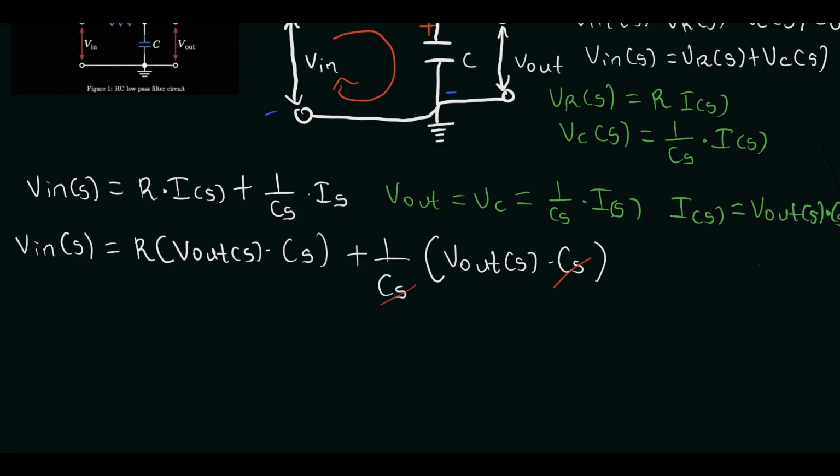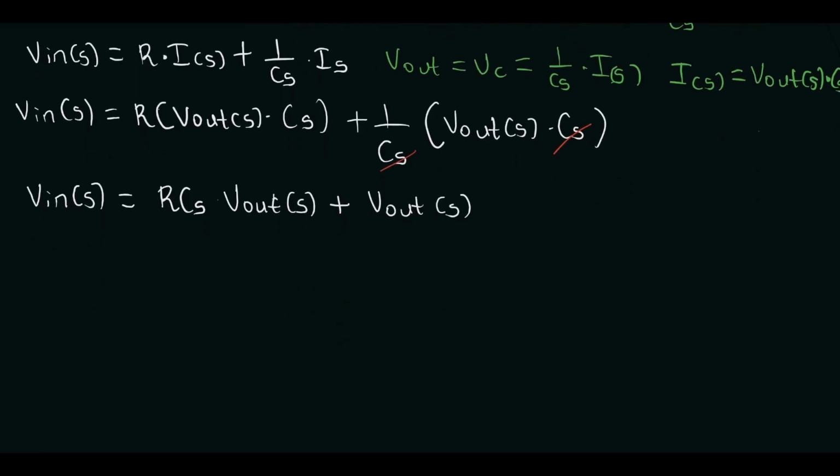So you now have V in of S equal to RCS dot V out of S plus V out of S. So factoring out your V out, you have V in of S equal to V out of S, open brackets, RCS plus 1.